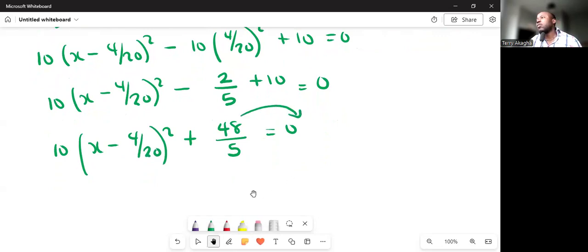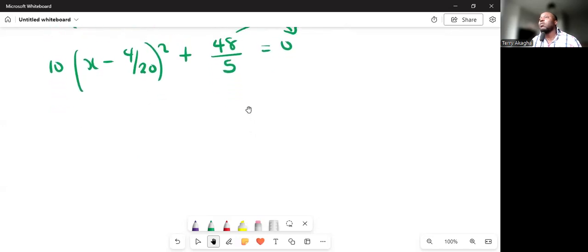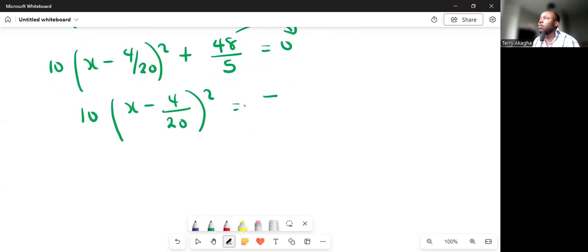So it's going to give us 10 into bracket x minus 4 over 20 all squared is equal to minus 48 divided by 5. Now to get rid of this 10, I multiply both sides by 1 over 10.